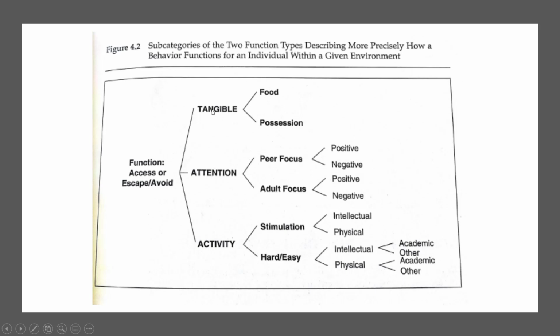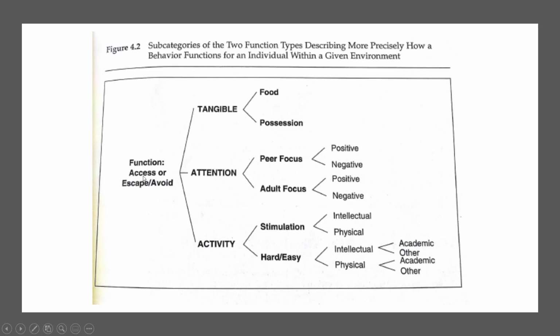Or they can engage in a behavior to not have to eat a specific food or not play with a specific computer program. They can engage in behavior to get access to attention from a peer, an adult, a paraprofessional, anything like that. Or they can engage in behavior to escape attention from their teacher or a peer.